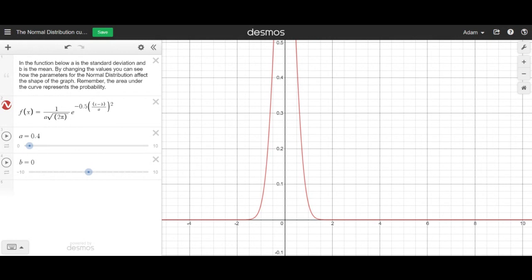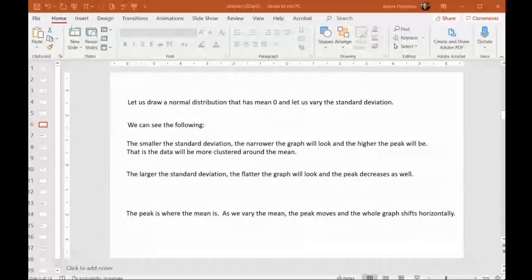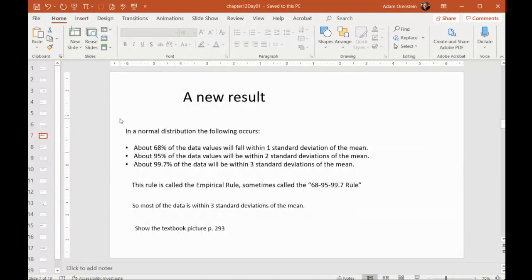All right, let me get back to the notes. There we go. So we saw what happens now if we let the mean and the standard deviation vary. That's cool. That's fun.